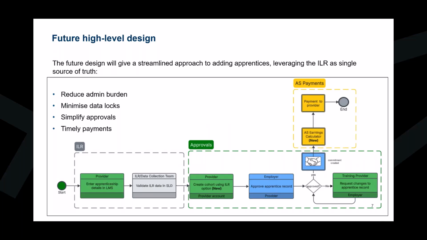The adjustment will no longer require double data entry from providers, also aiming to reduce the administrative burden, help minimize data locks, simplify the approval process, and facilitate timely release of funds to providers. Ultimately, this will enable our users to focus more on training and upskilling apprentices while running their business.